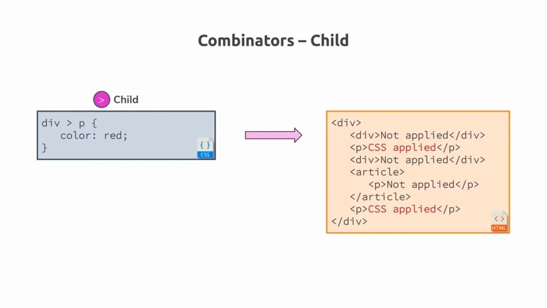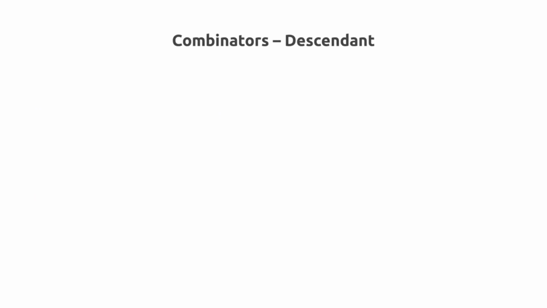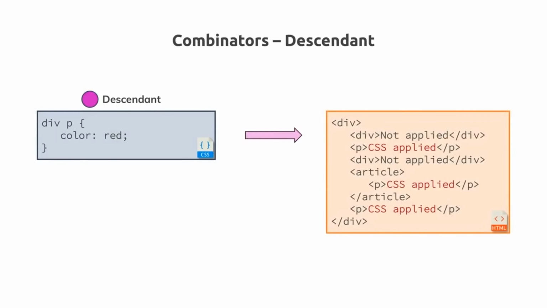This is not the combinator we used in the last lecture, because there I showed you that it doesn't matter if you have a direct parent or not. So this only applies styles if you are a direct child of an element. The last one, which is the one we used, is the descendant combinator, just a white space. And here, the level on which you are doesn't matter.